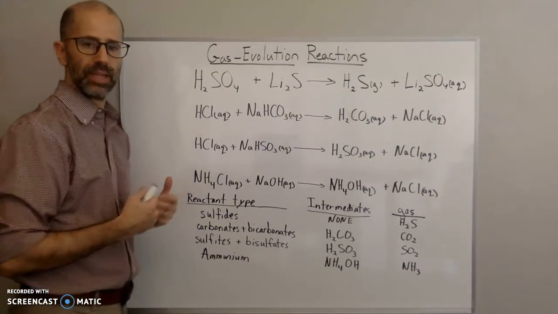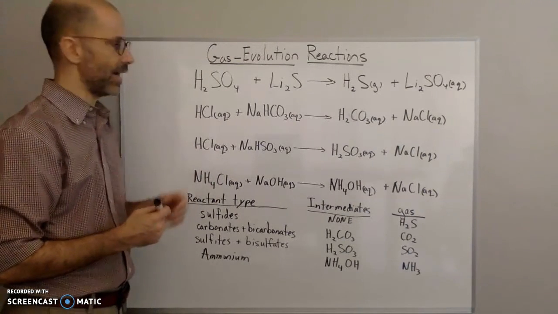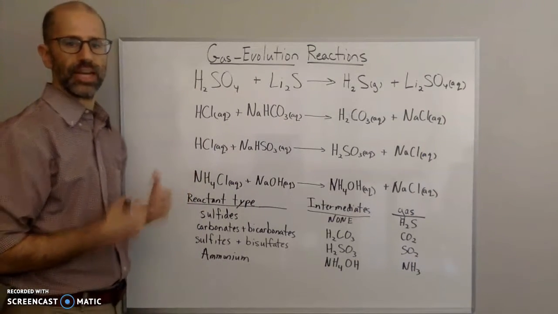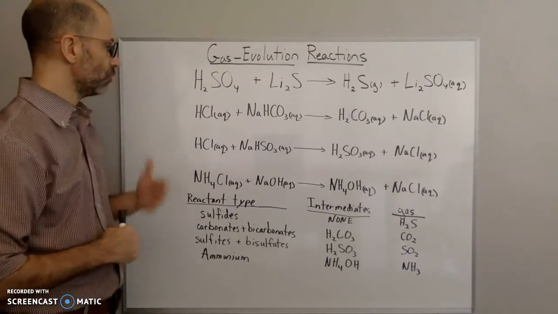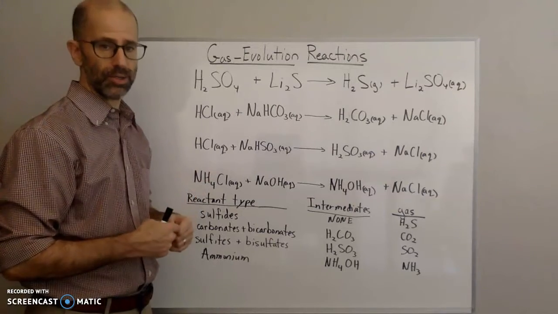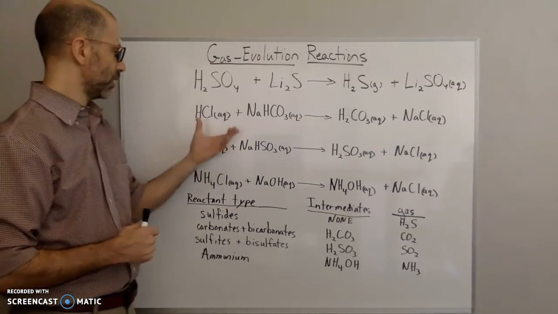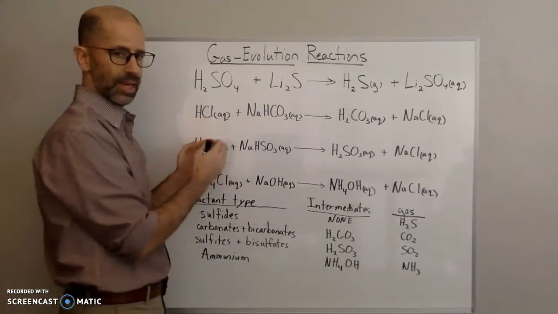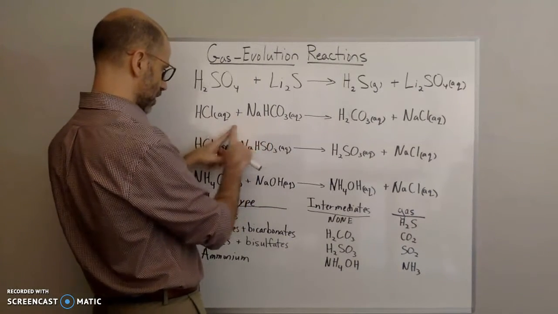But that's not always going to be the case where the gas is produced right away, as we have here. In a lot of these reactions, it's going to produce an intermediate first, and then that intermediate is going to break down. So if you are asked to predict what the products are going to be, you have to be careful with the intermediates. For example, if they give me these two reactants and ask what the possible products are, I can take the inside ions.